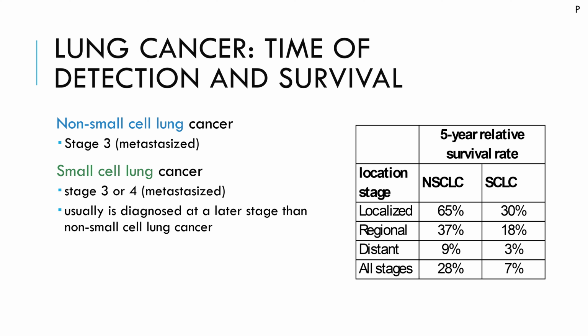Where you look at the distant 5-year survival rates, regardless of the cancer, it's below 10%. This is a dismal rate. So early detection would be a clear benefit in lung cancer. And having metastases is clearly not a favorable outcome. Next.